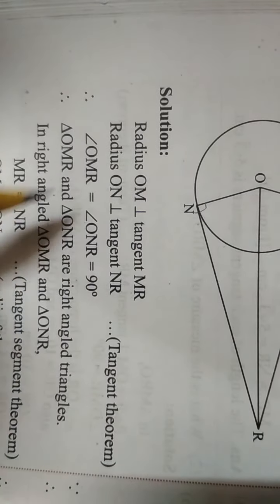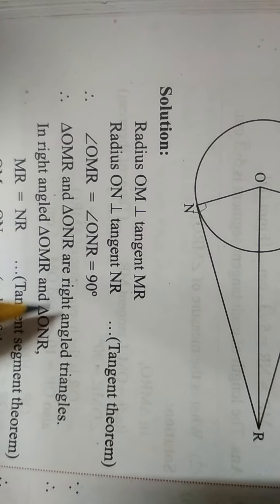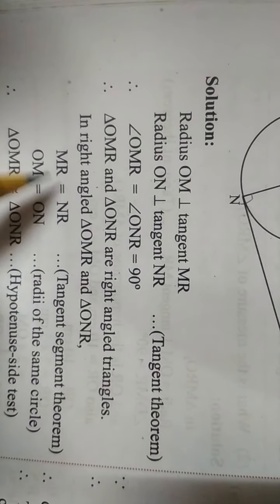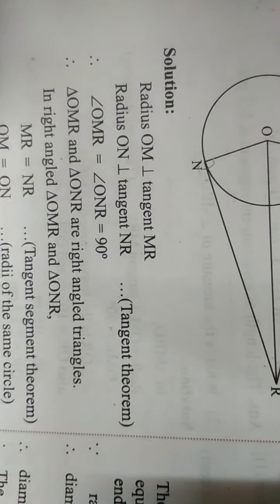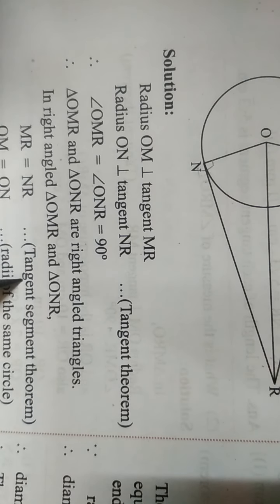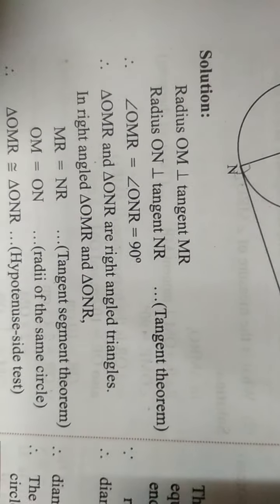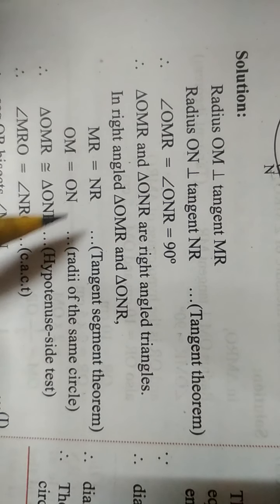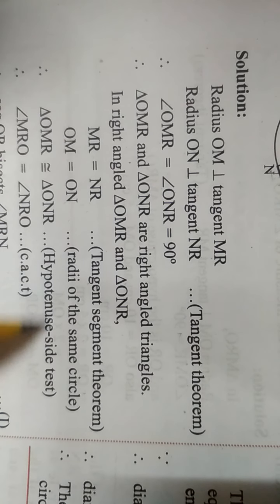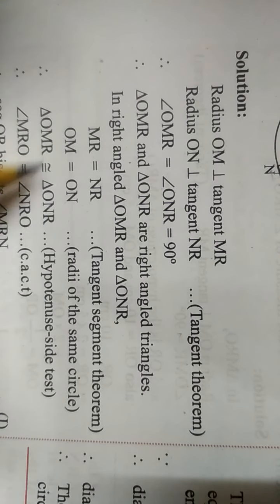Now we will take triangles OMR and ONR as right angle triangles. MR and NR are the same, because of the tangent segment theorem. And radii of the same circle, OM equals ON. With these two, we can conclude that by the hypotenuse side test, these two triangles are congruent.